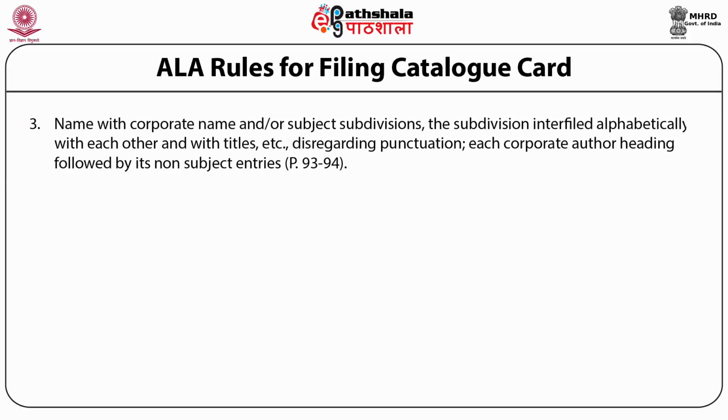Third, name with corporate name and/or subject subdivisions, the subdivisions interfiled alphabetically with each other and with titles, etc., disregarding punctuation, each corporate author heading followed by its non-subject entries. This rule is given on page number 93 and 94.